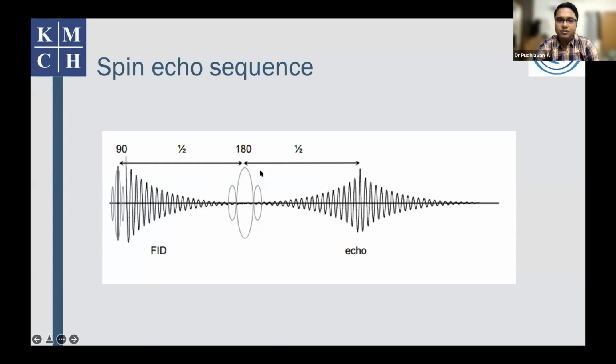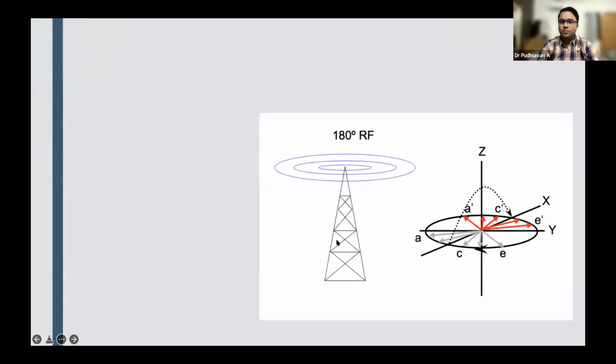Once rephasing of these protons happens, the protons which were losing phase coherence will again start to gain phase coherence, and at one point all the protons will be in phase with each other. When all the protons are in phase, we get the highest amplitude of signal, which is called an echo.